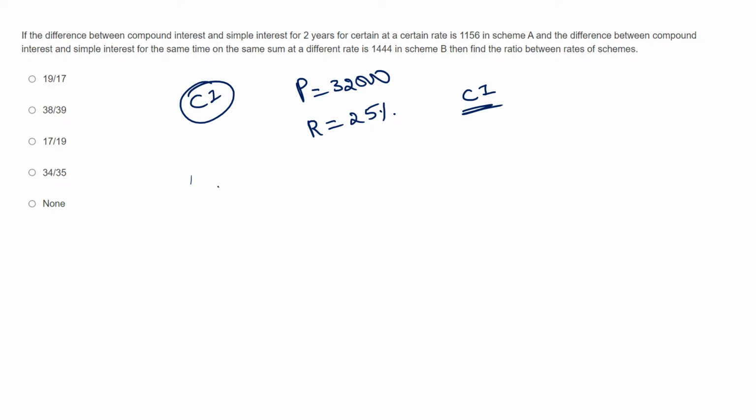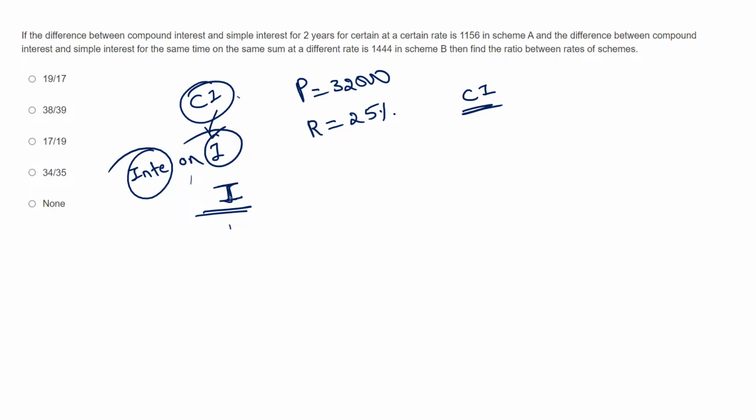Now see guys, pay attention here. Simply remember CI like this: you have to pay interest on interest. That means along with the interest on principal, you need to pay interest on every previous year's interest.